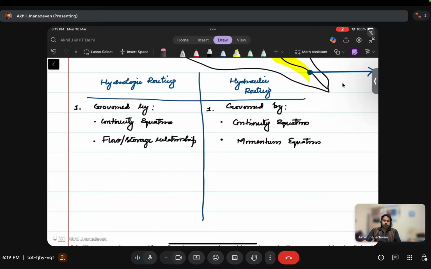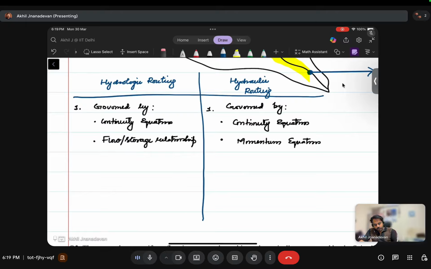Whenever we were talking about, for example, evaporation, there also we were trying to model with the help of RTT. We were using the momentum and the continuity equation, right? So this is a standard method which will give you an accurate outflow hydrograph by solving the continuity and momentum equations.